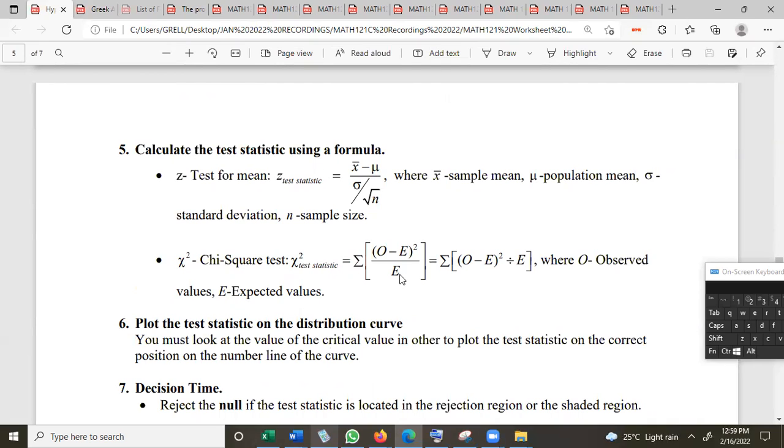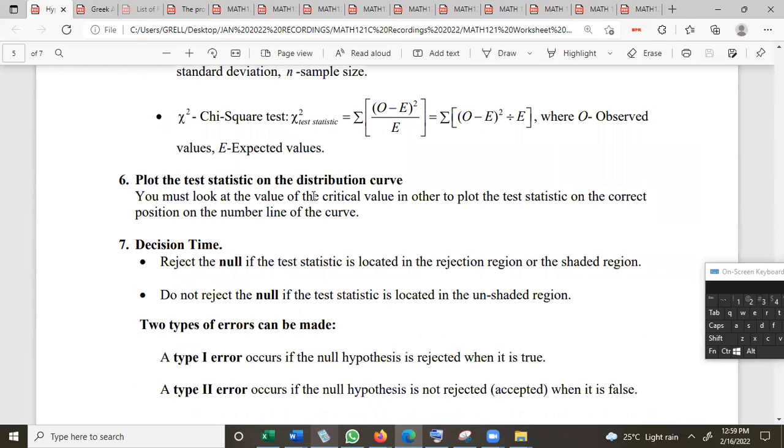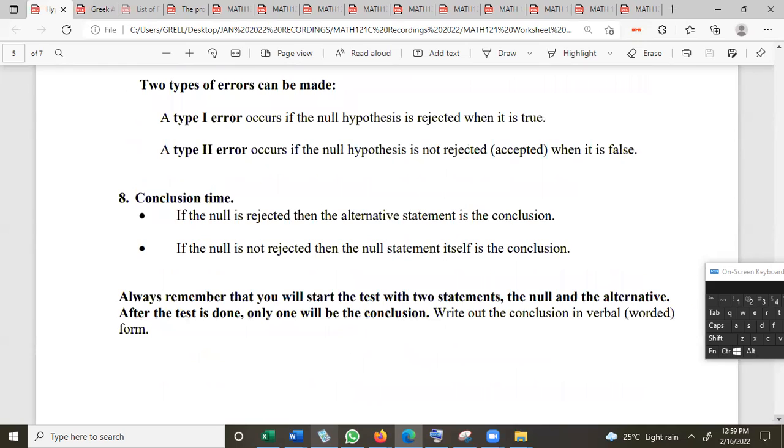There's only one formula, although we're going to study 3 different types of chi-square, there's only one formula we'll be using. All right, this is the one for the z, this is the one for the chi. That's the test statistic formula. And then we have to plot that value on the curve that we sketched before, the test statistic. And then you have to make a decision. And then you have to make a conclusion. So these are the 8 steps for the critical value approach.